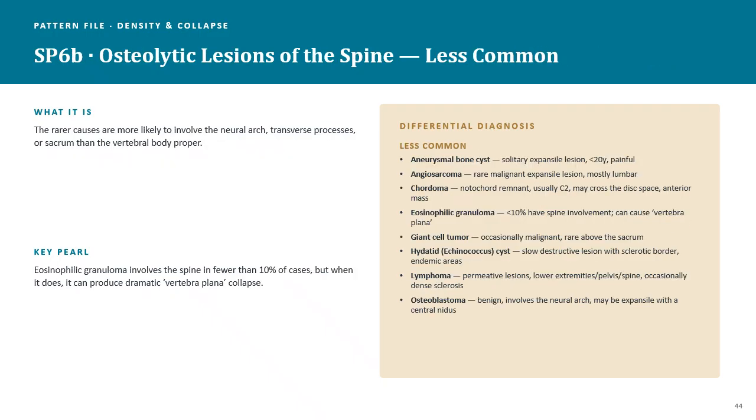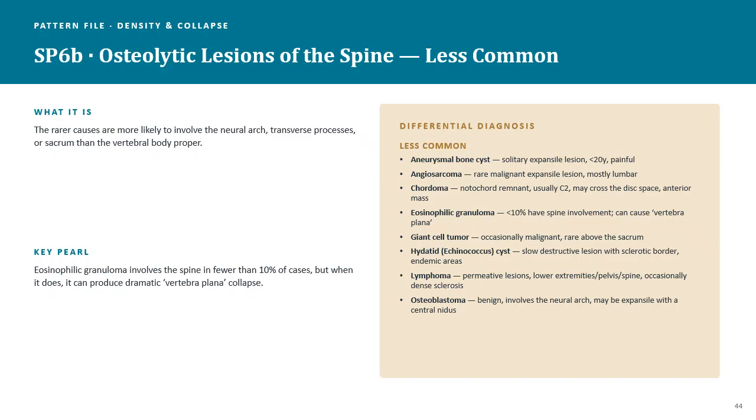This slide is still focused on osteolytic lesions. These are the more or less common causes, but again, we're not trying to memorize all of them because there is a pretty good list on this slide. But it is important that one big clue is the location.